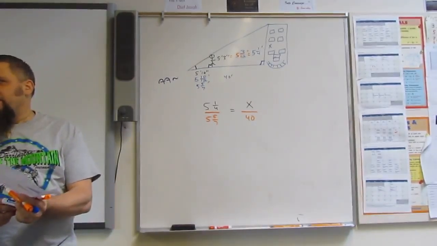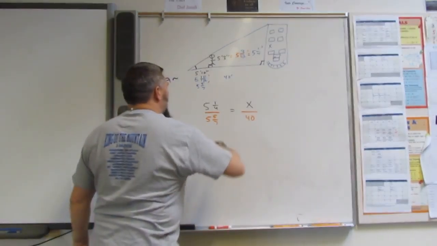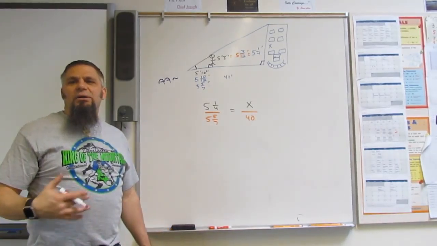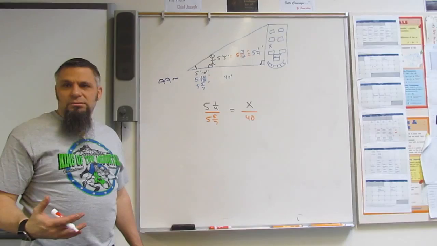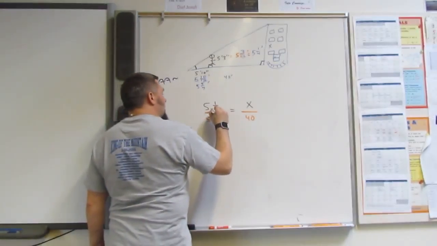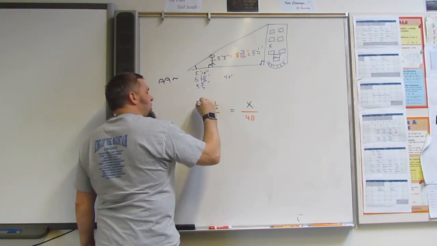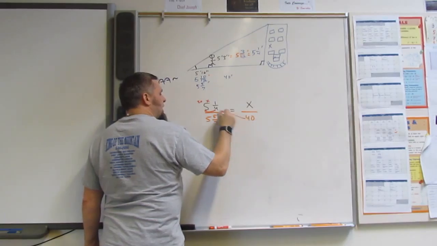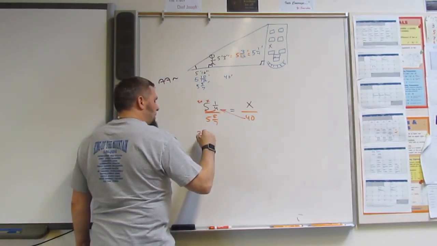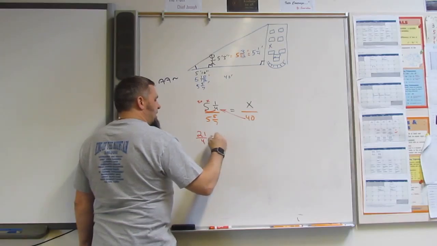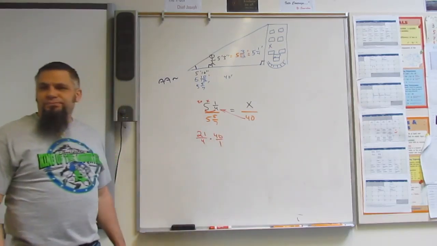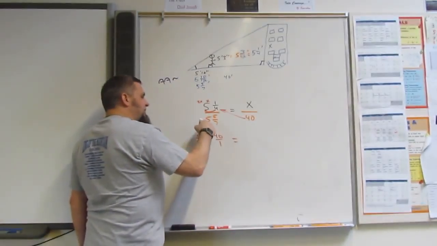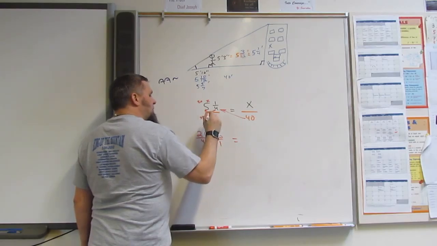So then I cross multiply. The big problem with cross multiplying is that I need to change these mixed fractions into improper fractions. So this is really 4 times 5, which is 20, plus 1, so it's 21 over 4 times 40 over 1. And this one is 6 times 5, which is 30, plus 5.